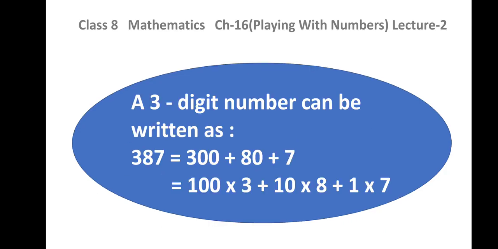And we can see how a 3-digit number can be written in generalized format. So I have taken the number as 387, and now in this case 7 is at 1's place, 8 is at 10's place, and 3 is at 100's place, and we write 387 as 300 plus 80 plus 7. 300 will be written as 100 into 3 because 3 is at 100's place, plus 10 into 8 because 8 is at 10's place, so it will be multiplied by 10, plus 1 into 7 because 7 is at 1's place.